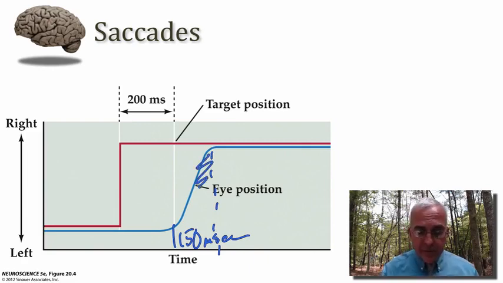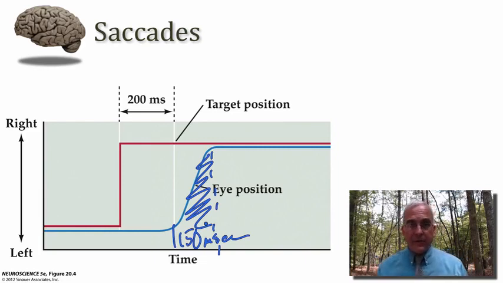So during this interval of time, we don't actually process the motion that is otherwise streaming into our subcortical visual pathways. Now, at some level, we think that information is present in the cerebral cortex, but it's not integrated within our conscious perception of the visual scene.